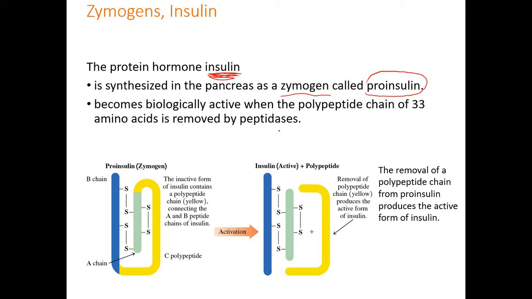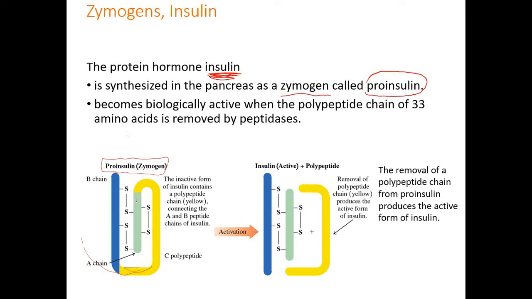Okay? That is not yet an active insulin. It only becomes biologically active when the polypeptide chain of 33 amino acids is removed by peptidases. So the proinsulin secreted by the pancreas is not yet active. So there is a modification. This is the inactive form of the insulin. The insulin contains a polypeptide chain, this yellow chain connecting the A and B peptide chains of insulin.